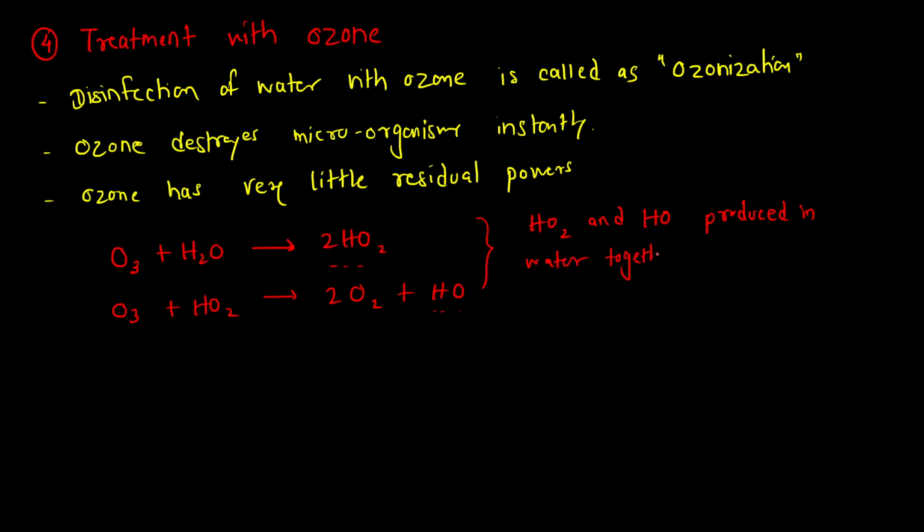These two compounds which are produced in water together are called hydroxyl free radicals. So what are the hydroxyl free radicals? HO2 and HO.